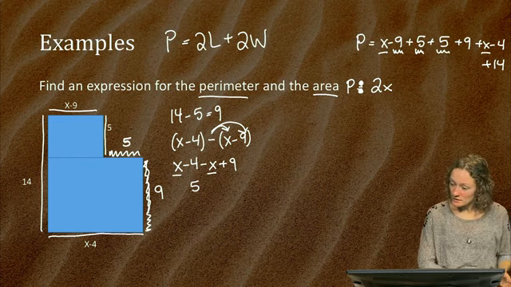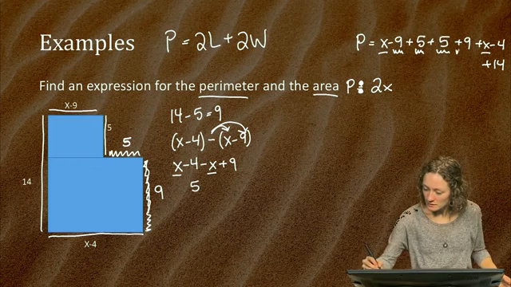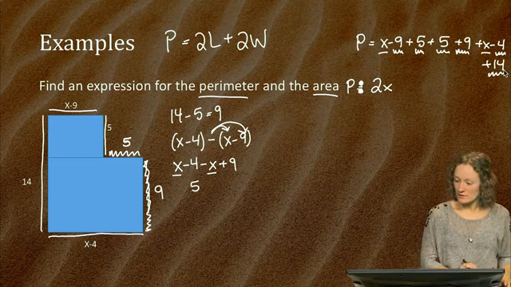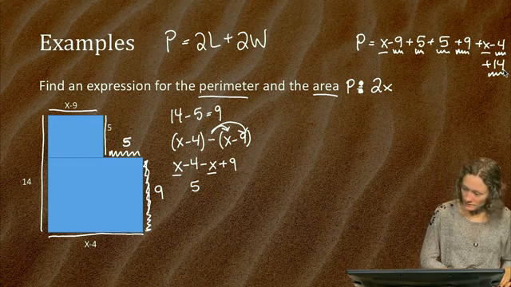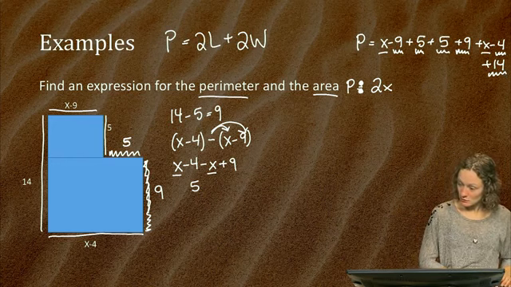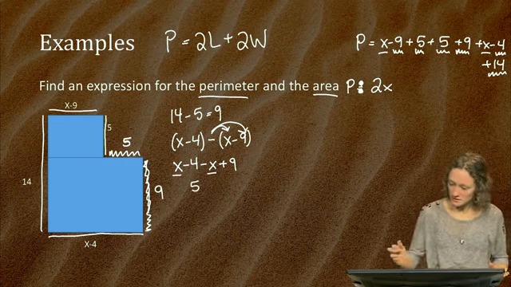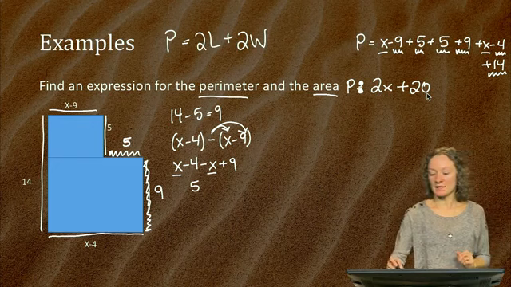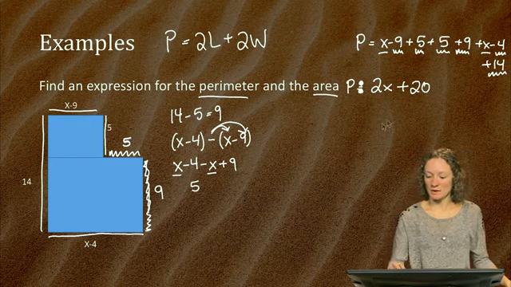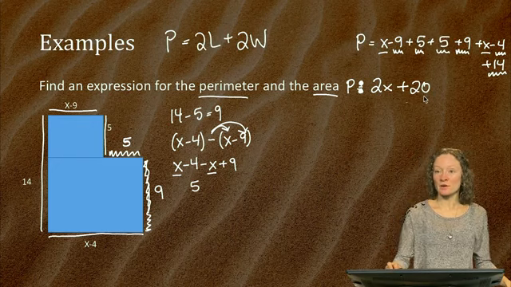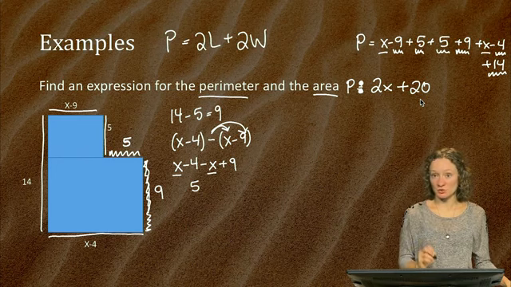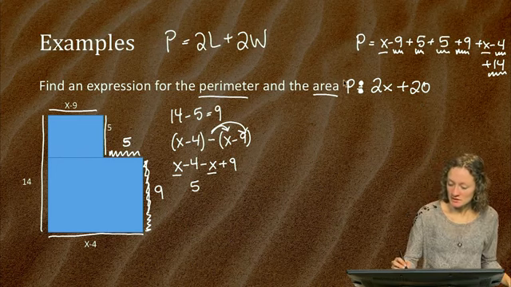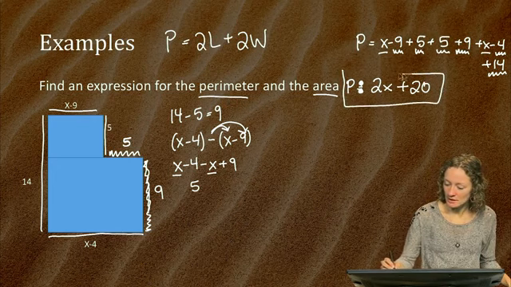Plus 5, we have another plus 9, minus 4, and plus 14. Gives us a positive 20. So adding up all these numbers gives us 20. So our expression for the perimeter is 2x plus 20. Okay. So let's box this because that's definitely one answer we want.